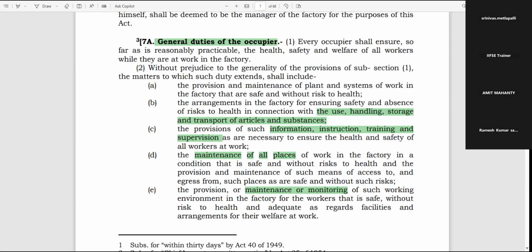So, MSDS, then training. We have to give on-the-job training.